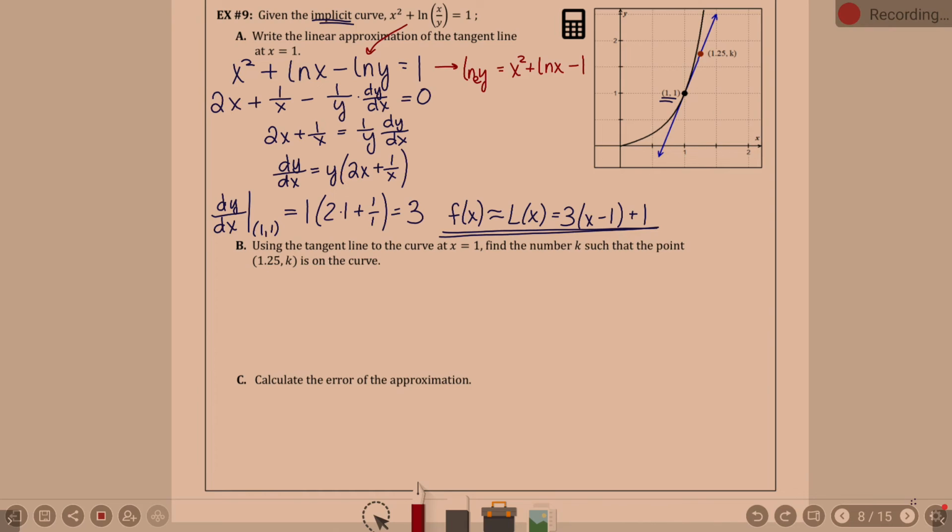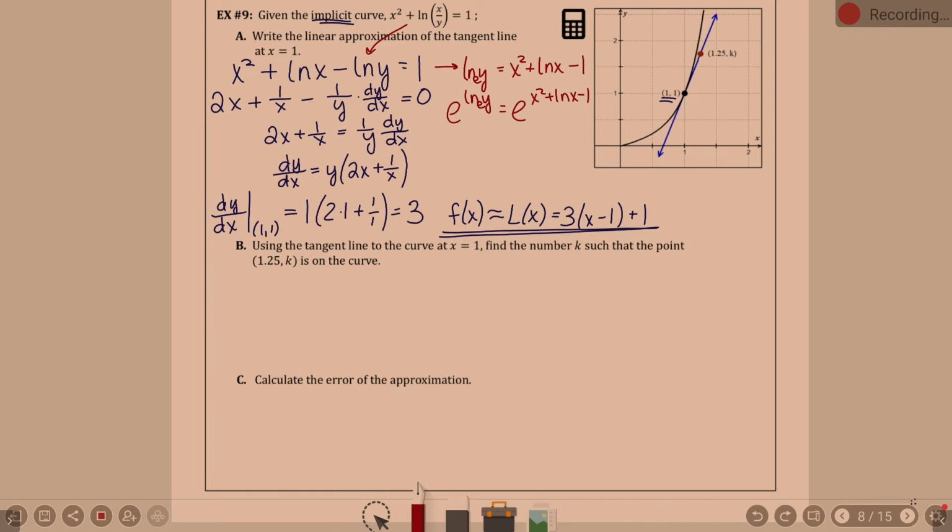Now what Ethan was talking about is he said, okay, it's going to be e to the natural log of y equals e to the x squared plus ln x minus 1. And how does that help me? When you have base e and natural log has a base e, remember there's a log rule that says if the numbers in the spots of the e's match up, it's just equal to whatever's in the log.